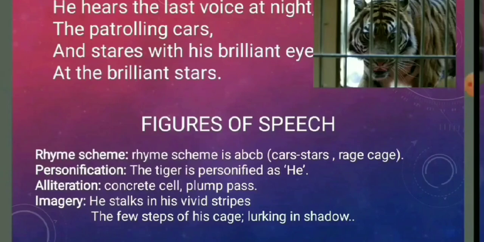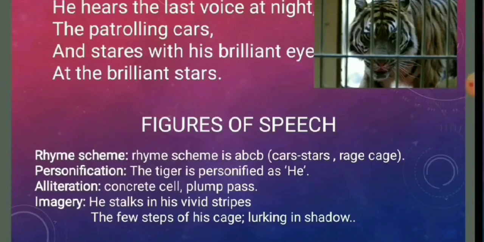He again stares at the shining stars with his shining eyes. Poet wants to say that tiger is very sad as he is confined in the cage. He cannot come out and he only stares at night and tries to divert his thoughts towards them. He is very upset, you can say sad, but he cannot do anything.